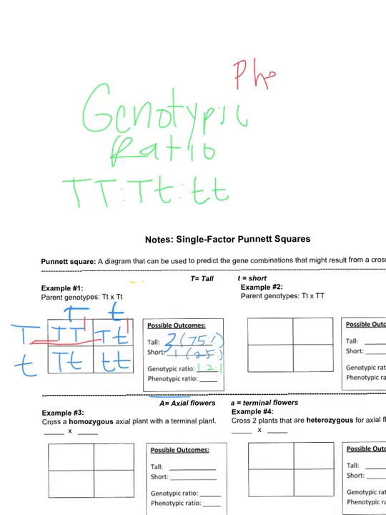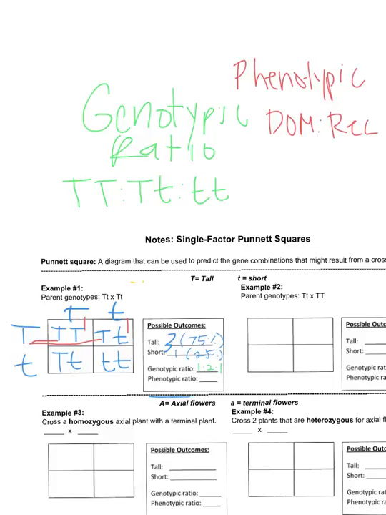So phenotypic ratio is how many of the offspring will show up with the dominant appearance versus how many will show up with the recessive appearance. So how many will show up, in this instance, tall versus how many will show up short, which is the recessive. And so the problems will usually tell you what's the dominant versus what's the recessive trait.